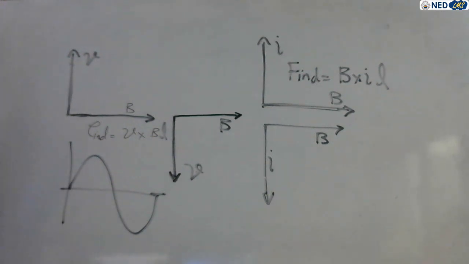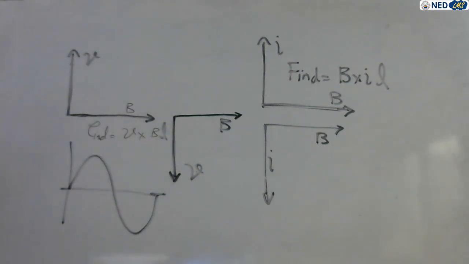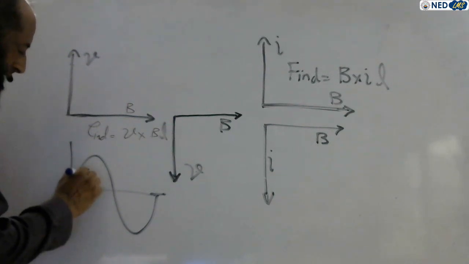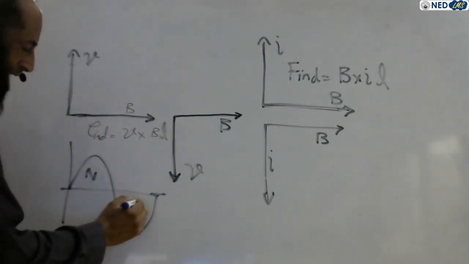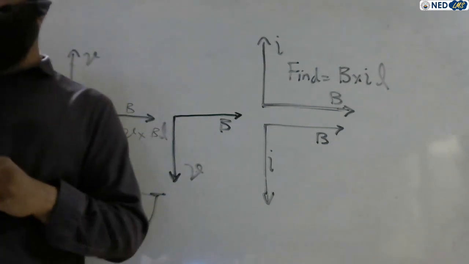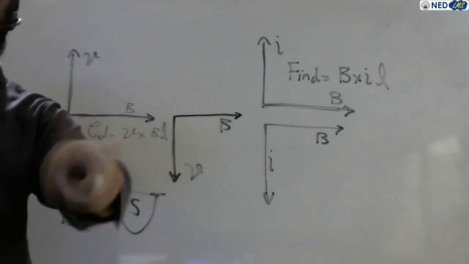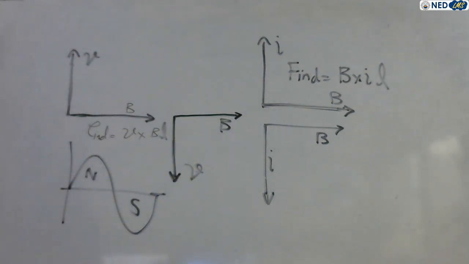So the poles are switching, actually, north south, north south. The positive supply, the pole becomes north, then the negative supply, the pole becomes south. So in this way, the rotating magnetic field switches its position, north south, north south, right? I hope you understand.